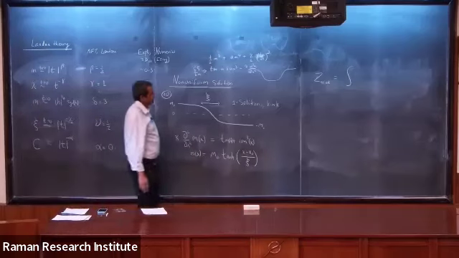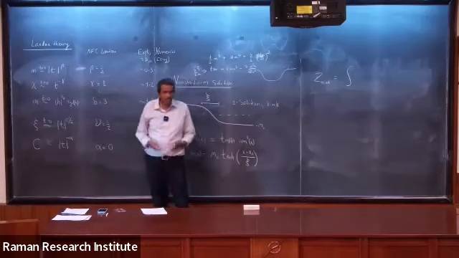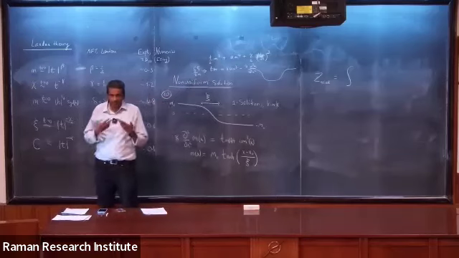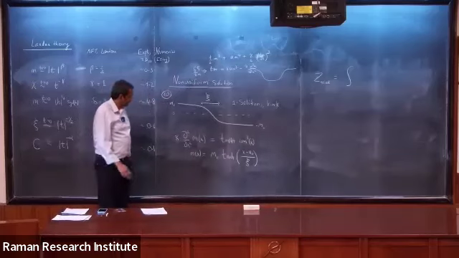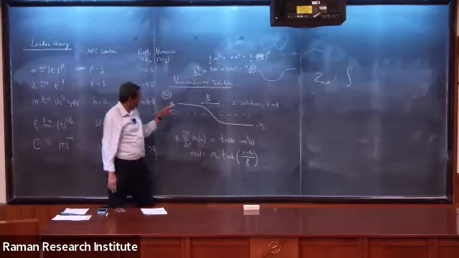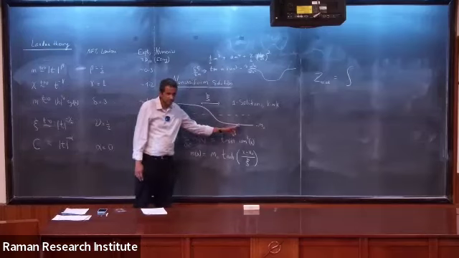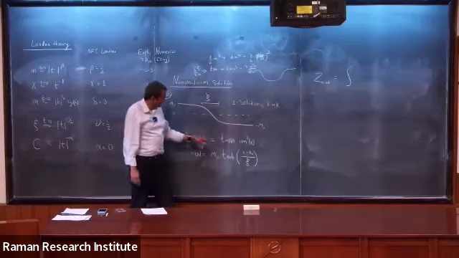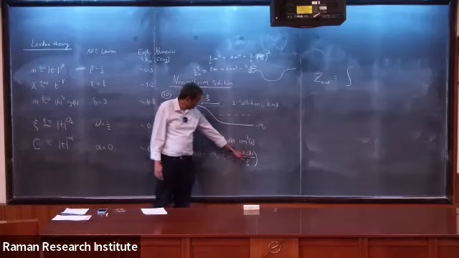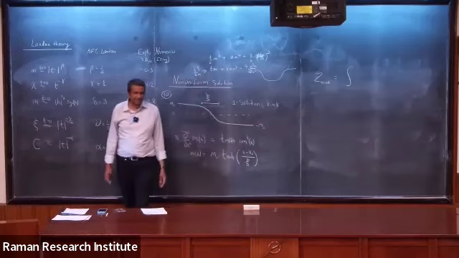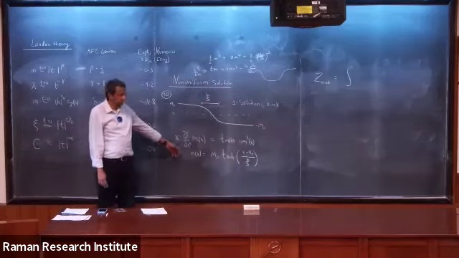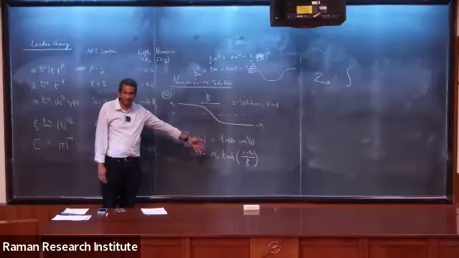But now you say, well, I want to look at the one kink. So you say, oh, I should integrate over the configurations that I get. And now you ask, well, what are the configurations? And you say, well, I have this solution, okay? But in fact, when you solve this problem, you find that x naught is something that the energy does not care about. So x naught was a free parameter.